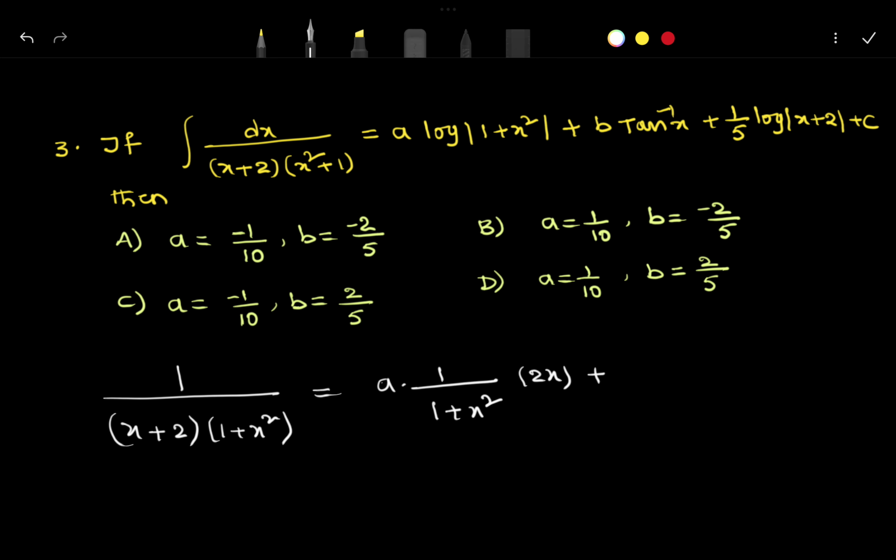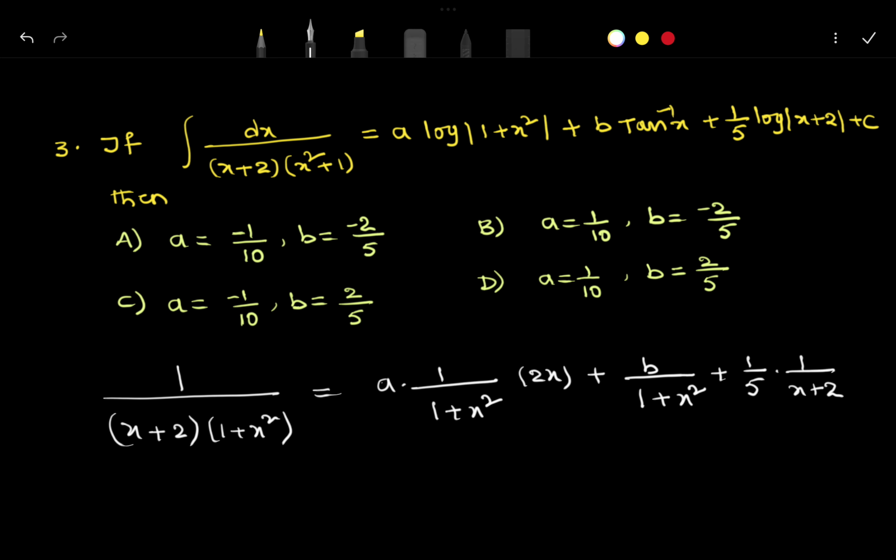Tan inverse x derivative is 1 by (1 plus x square), so b by (1 plus x square), plus 1 by 5 into log of (x plus 2), derivative is 1 by (x plus 2). Here c is the integral constant. Derivative of a constant is 0.